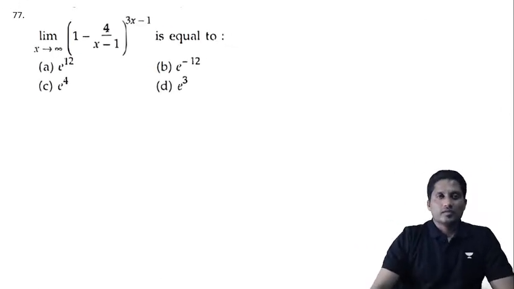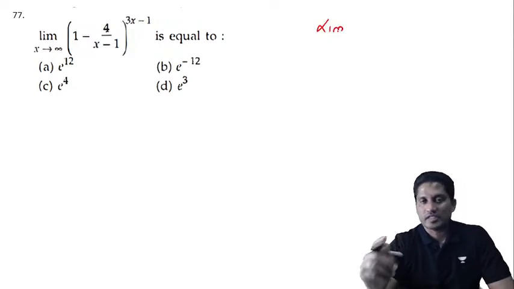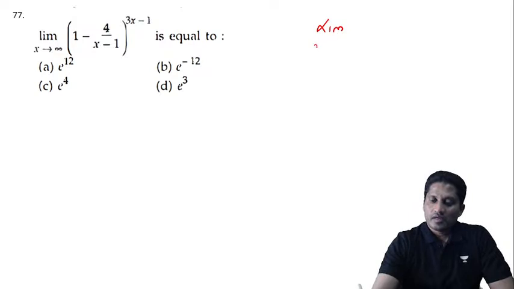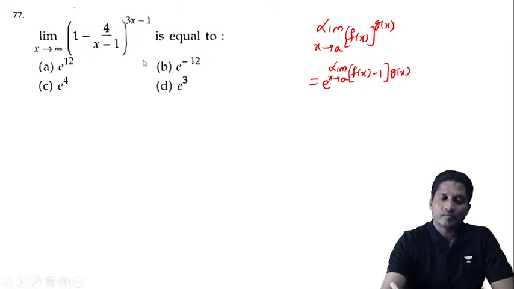Okay, now see, we did these questions in previous year papers. When you have, suppose, limit x tends to a of f(x) whole power g(x), then the formula will be e to the power of limit x tends to a of (f(x) minus 1) into g(x), and this is of the form 1 power infinity.